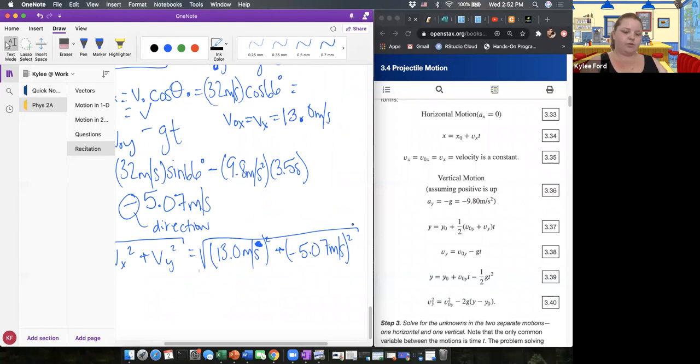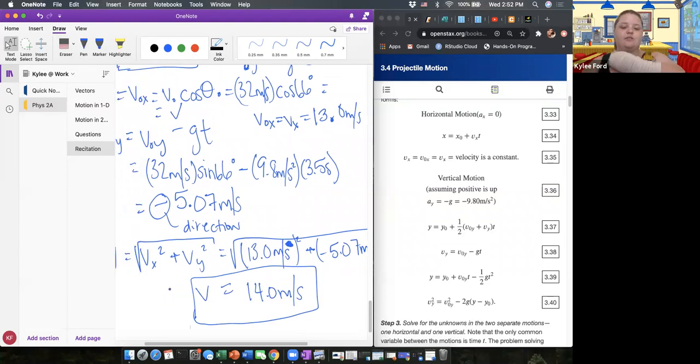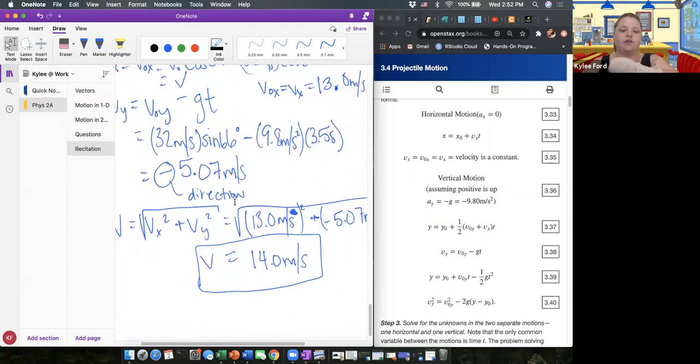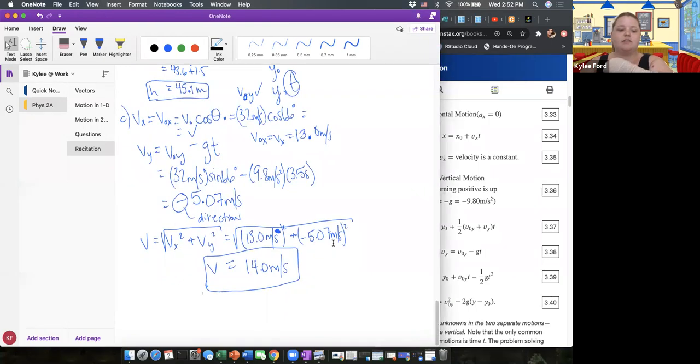So my overall total velocity when it hits is actually 14.0 meters per second. So that's how fast that arrow is going when it hits the cliff. Okay, so hopefully that made sense.